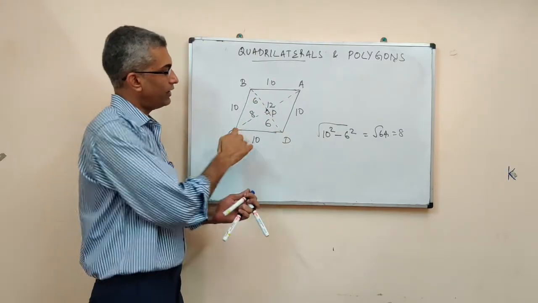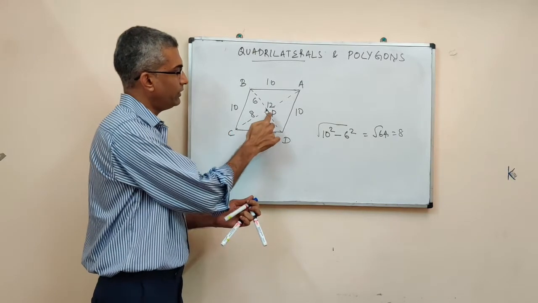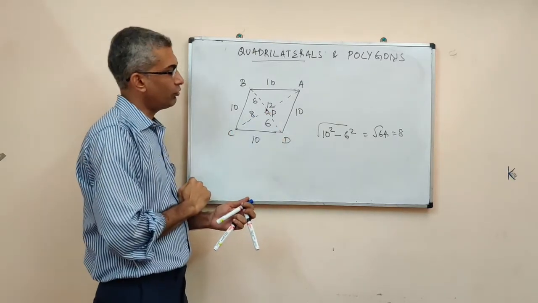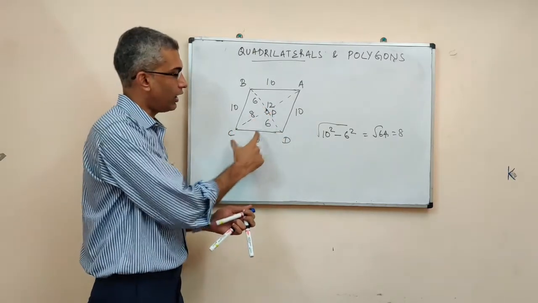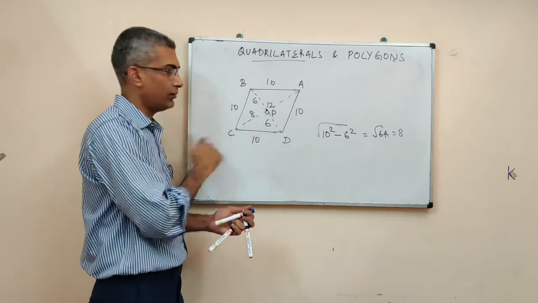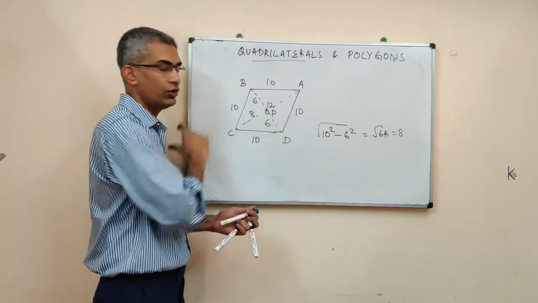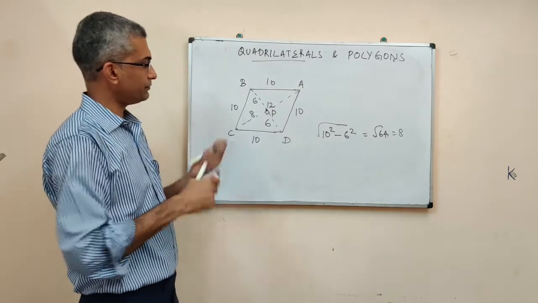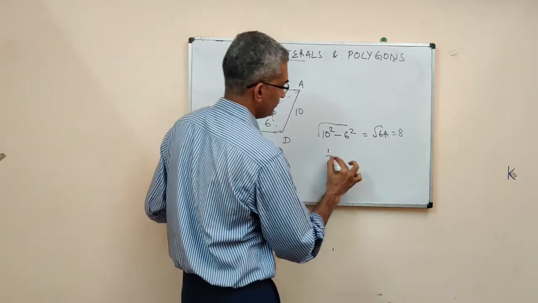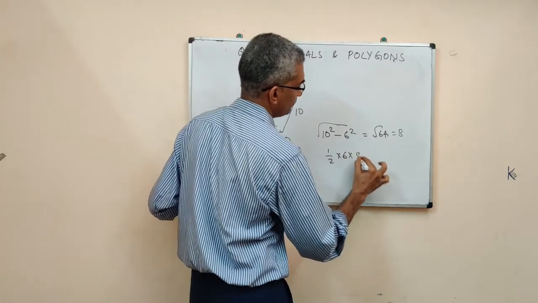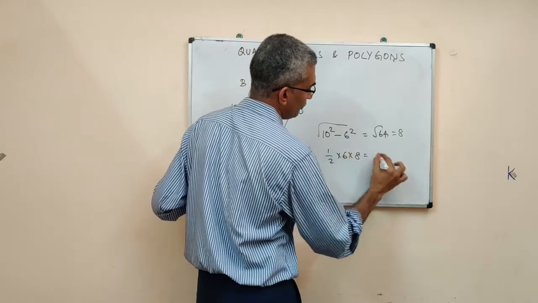Now we can find the area of the triangle CPD. What is the area? It is half into base into height. Half into 6 into 8, which is 24.